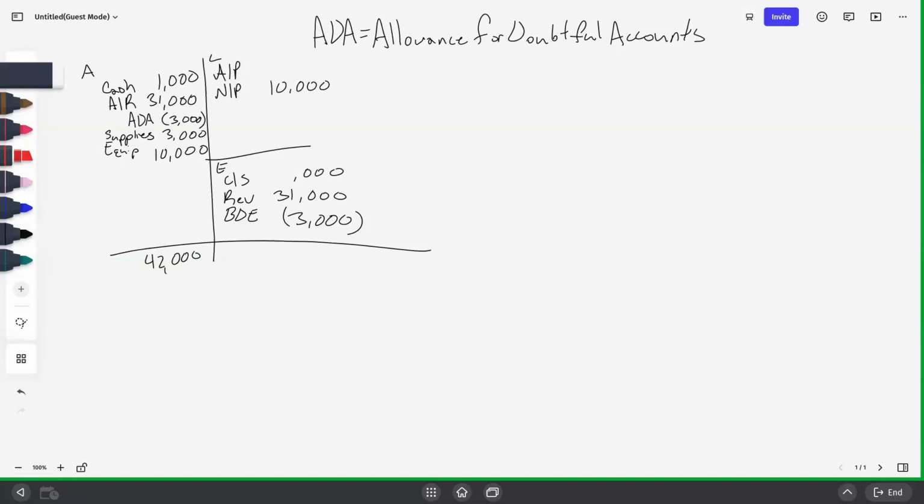I have a question. What's the first one under equity? Common stock. Oh, okay, gotcha.